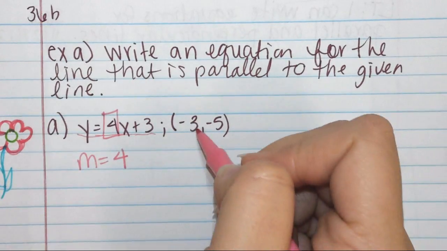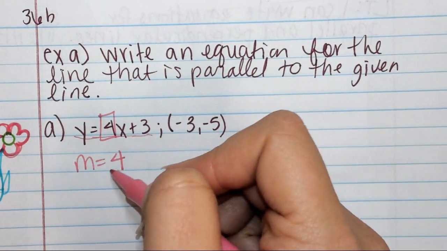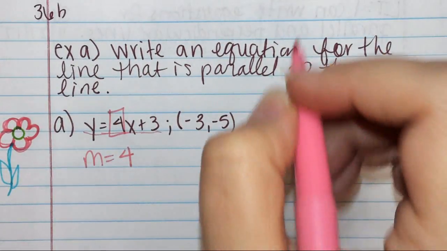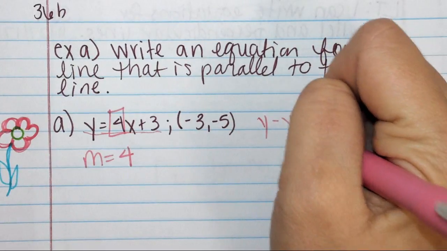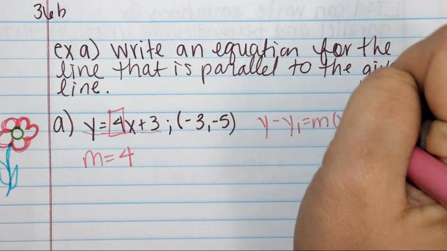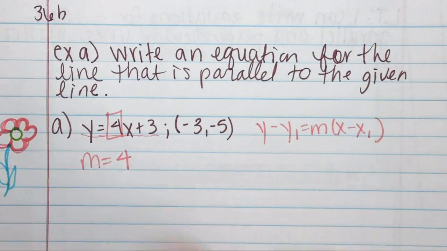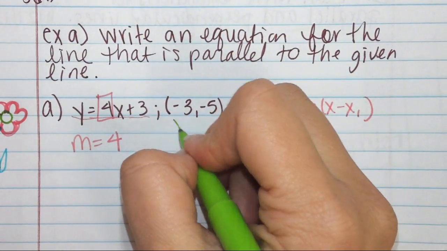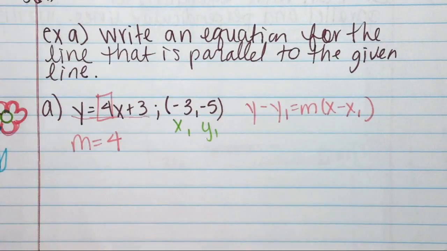All right, so our line passes through this given point and has the same slope. So if you have a point and you have a slope, you write it in point-slope form. So then this point is our x1, y1, and you plug it in.